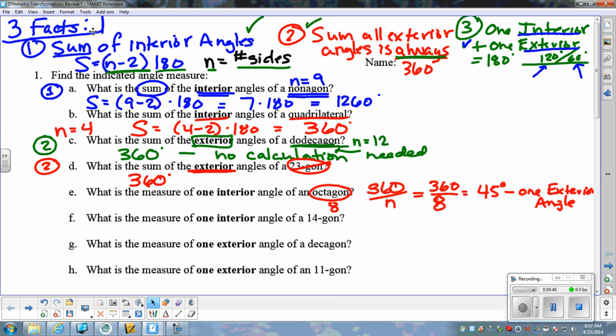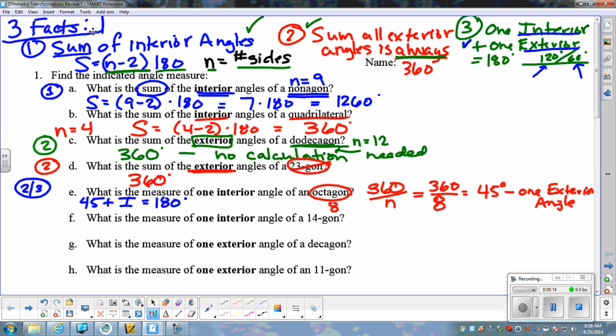Now that I know this one exterior angle, I can go to fact 3. This is sort of a combination of fact 2 and 3. Now that I have one exterior angle, I can say that 45 plus my one interior, I'm going to say I for interior, is equal to 180 degrees.